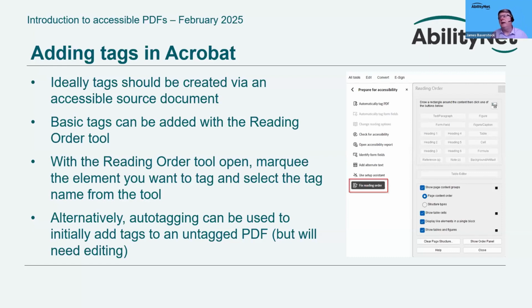You may have a PDF that doesn't have any tags, or you might have tags that are wrong. So you may need to add tags in. One of the ways of doing it is with the reading order tool. Alternatively, you can use auto tagging, which is a feature which will automatically tag the entire document. But then you need to have a look at the results of that and might need to do some edits. I'll just show you how this works just to give you an idea of that.